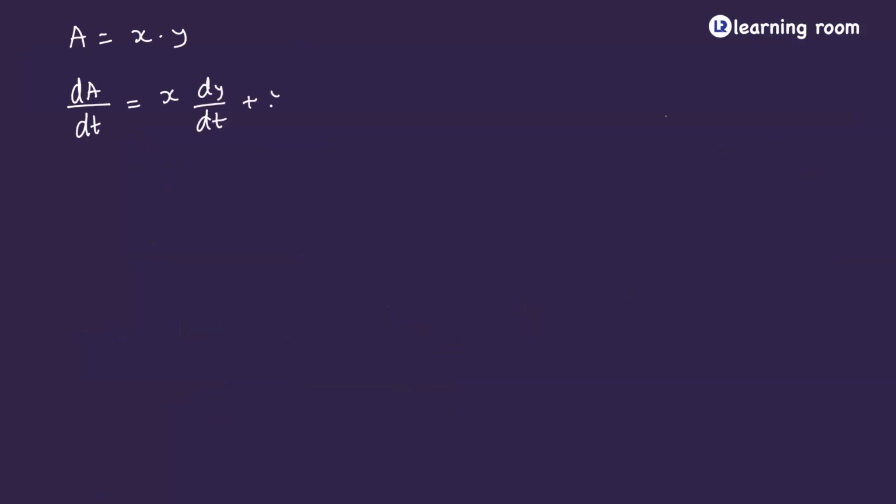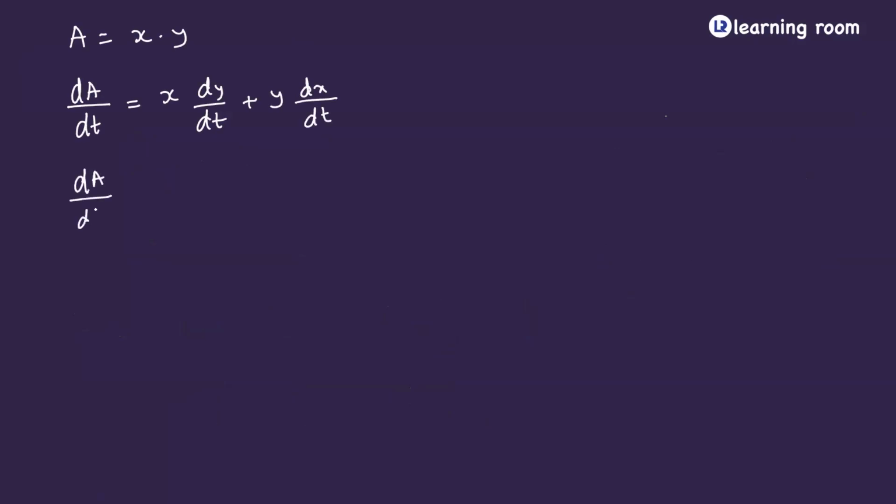if I talk about the area of this rectangle, area is going to be equal to x into y. So what is dA divided by dt? x into dy by dt plus y into dx by dt.